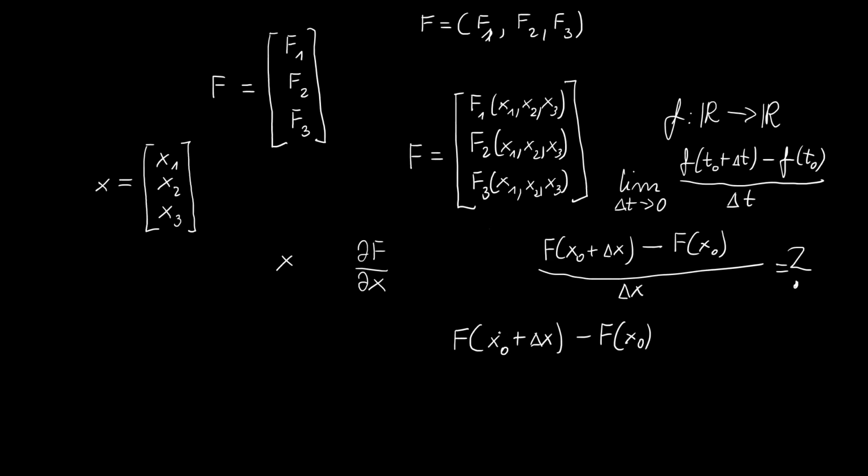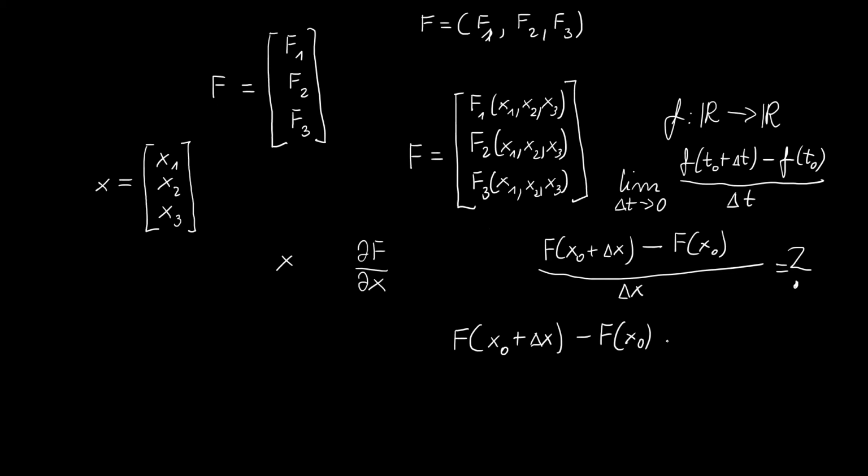So this is a position x0 with a small shift delta x, which also happens to be a vector in space, minus force at point x0. So this is a small difference of force when we move from x0 to x0 plus delta x.